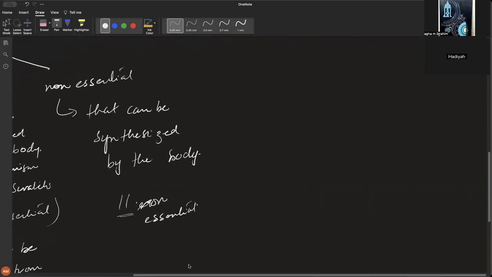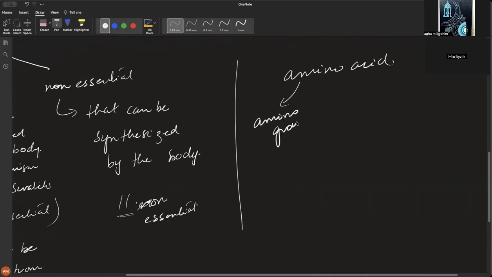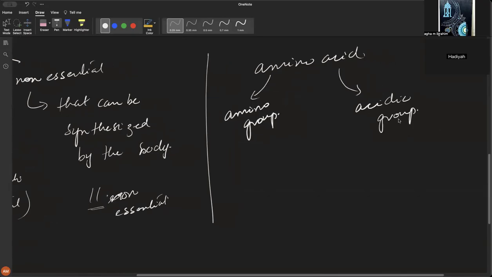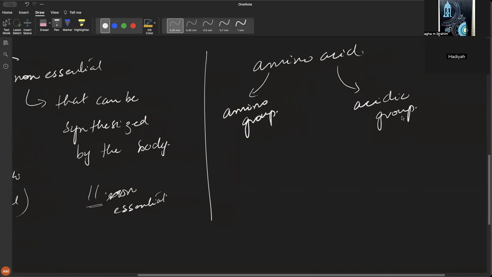Now, if you look at an amino acid, how does it look? It gets its name from amino because it has an amino group and it has an acidic group. This molecule has two different groups that make it an amino acid. There is a general formula. It is very easy.